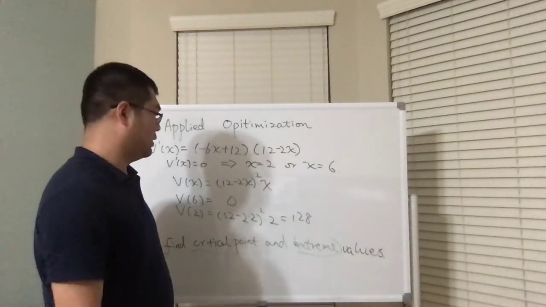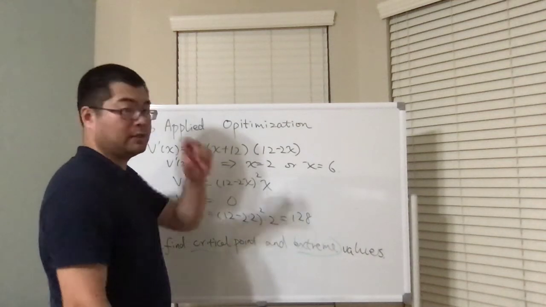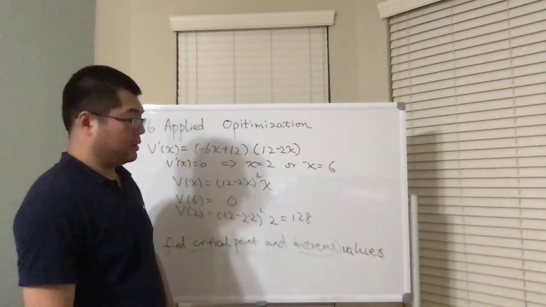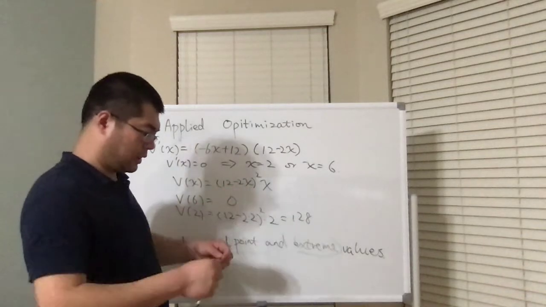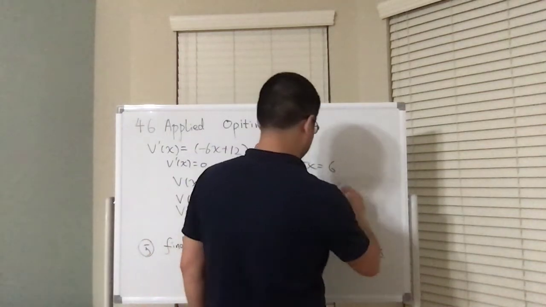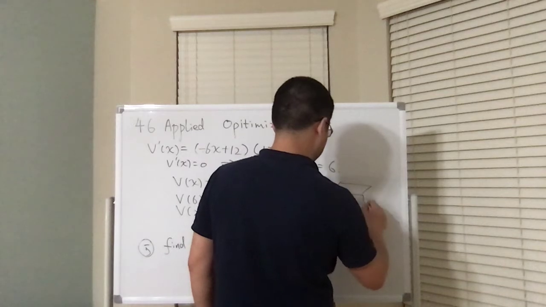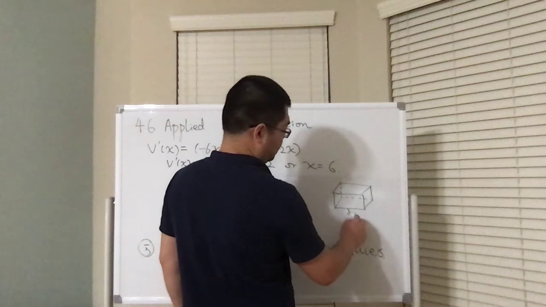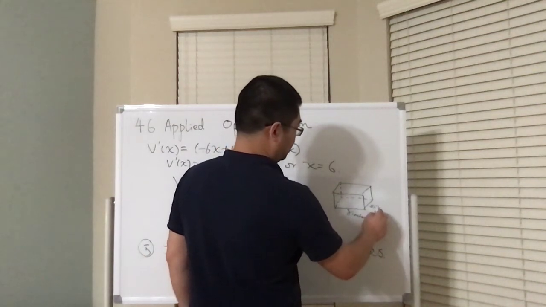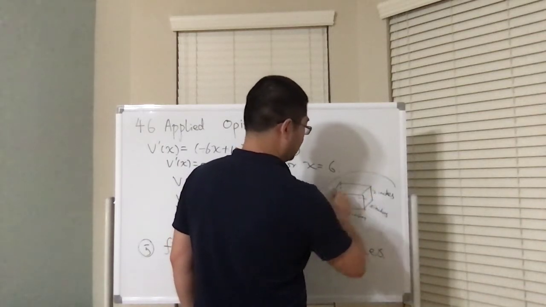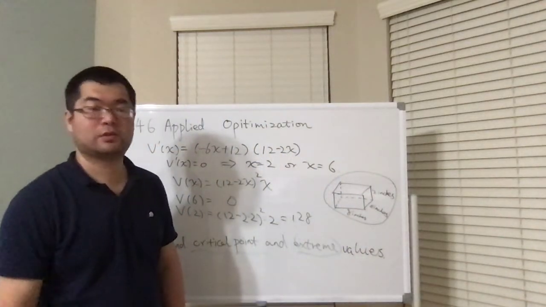As for the dimensions, the height of the open box is 2 inches and the base square is 8 inches by 8 inches. So we finished the problem.